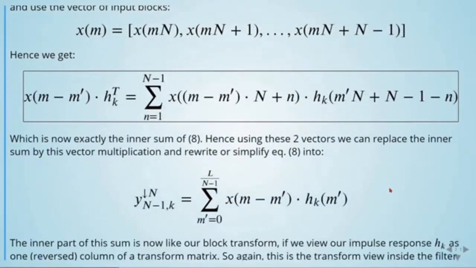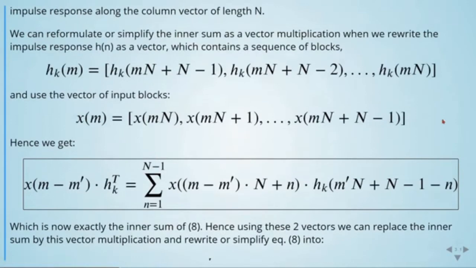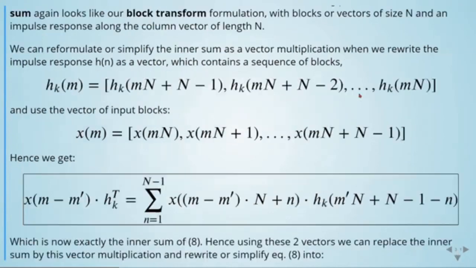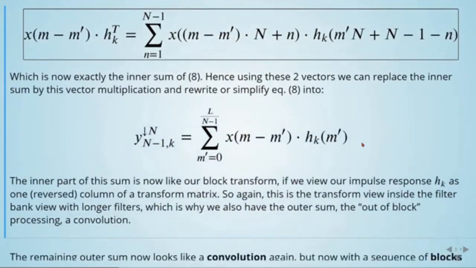Hence, using these two vectors, we can replace the inner sum by this vector multiplication and rewrite or simplify equation 8 to this here. So now the inner part of the sum is like our block transform, if we view our impulse response h of k as one column, reversed, of a transform matrix.